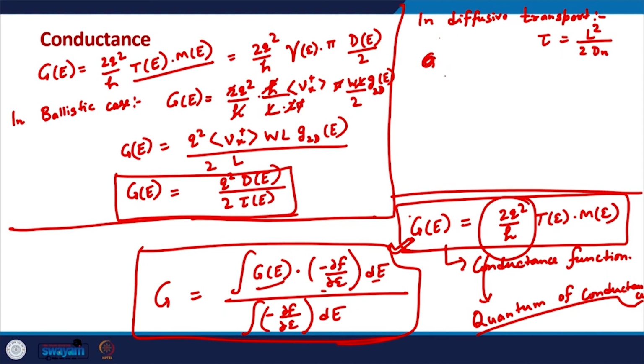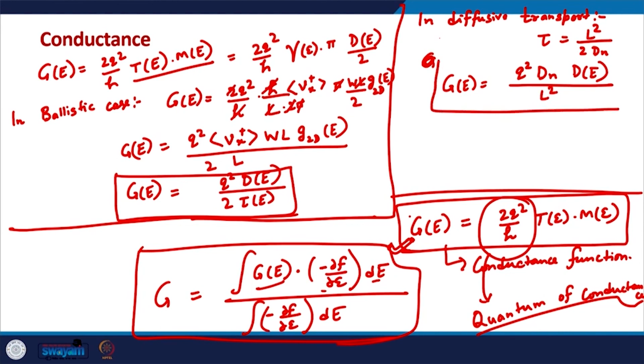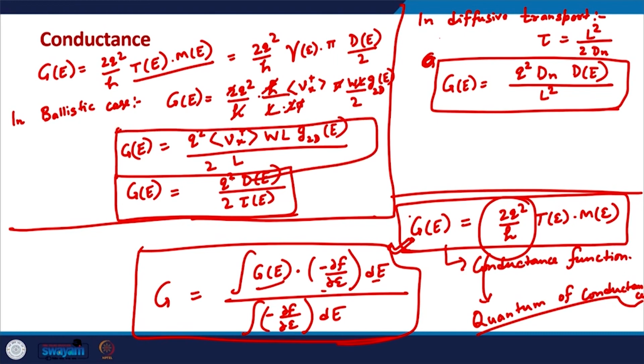So, this conductance function is q square D_N times D(E) divided by L square. 2 and 2 will cancel with each other. And in the case of ballistic transport, this will be the conductance function.